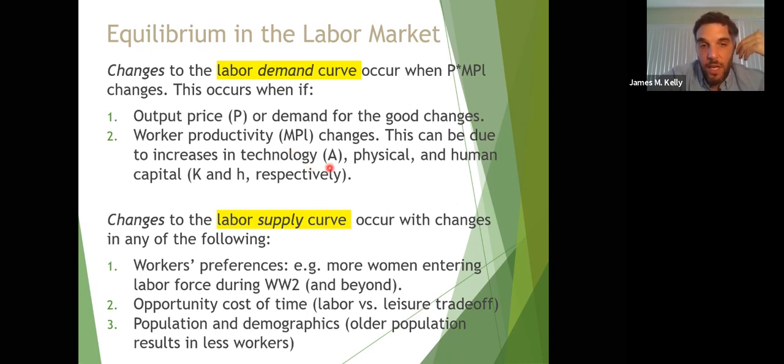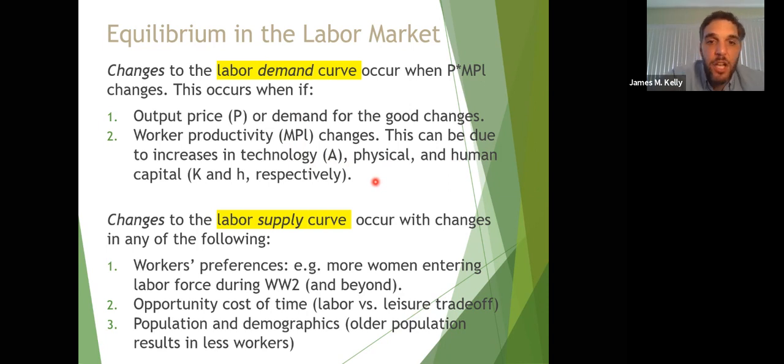An increase in productivity can occur from increases in technology, increases in physical capital, because workers have more capital to work with, and in human capital. Workers become more productive because they learn new skills that help them produce goods. Okay.